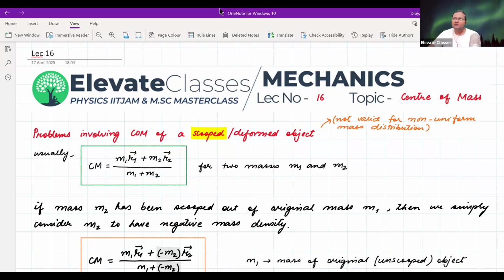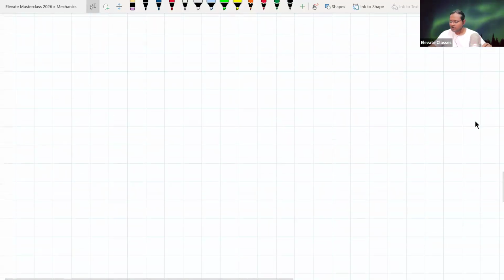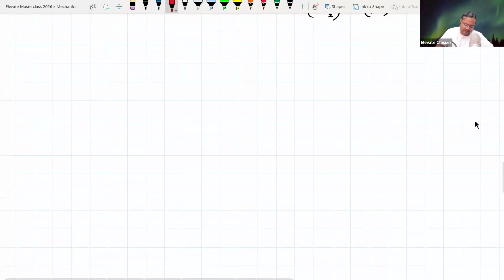And because the overall center of mass of the system remains constant, therefore the other object will also move a certain way so as to keep the center of mass of the overall system constant. So this arises simply from Newton's first law. So let us discuss the concept first and then I'll show you this thing.